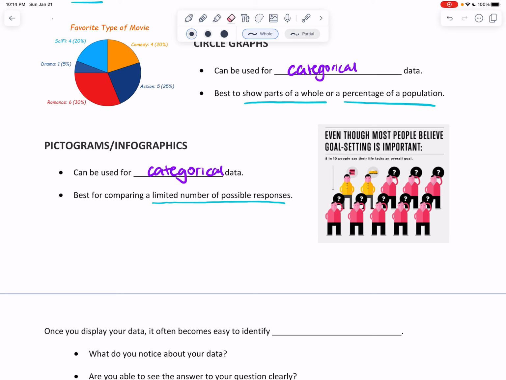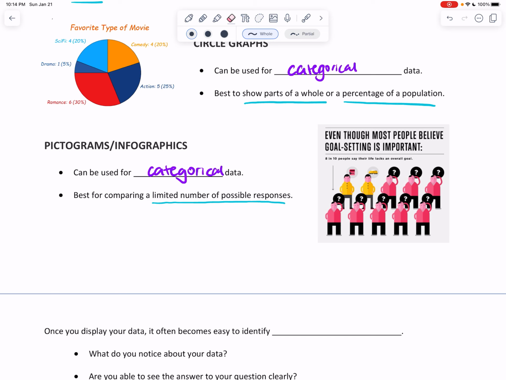Or would they be like, yes, I'm just looking at a crowd of people. Right? Maybe it's just a picture of 10 people. There's no sort of math connection with it. When I have 2 options, that makes it a little bit more obvious. And so pictograms and infographics are good for a limited number of possible responses.